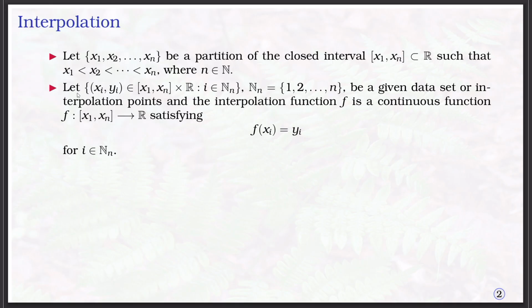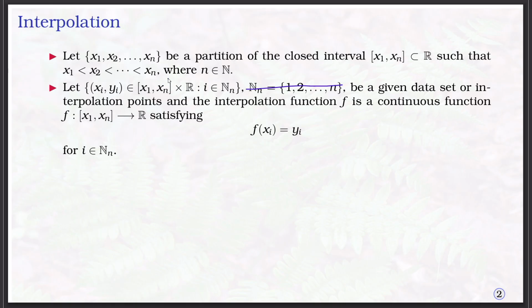Now, consider the data points (xi, yi), which are in the Cartesian product of the closed interval with R. There are n such points, so consider these n ordered pairs.